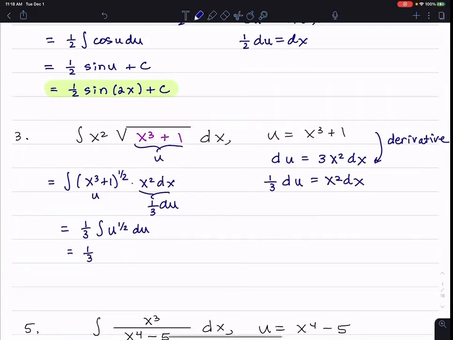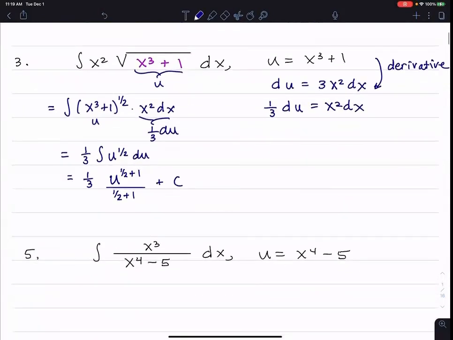How does the power rule work? I have u to the 1/2. I take 1/2 and I add 1. Usually I don't show that work. I do 1/2 plus 1 in my head. I think people get pretty good at that.